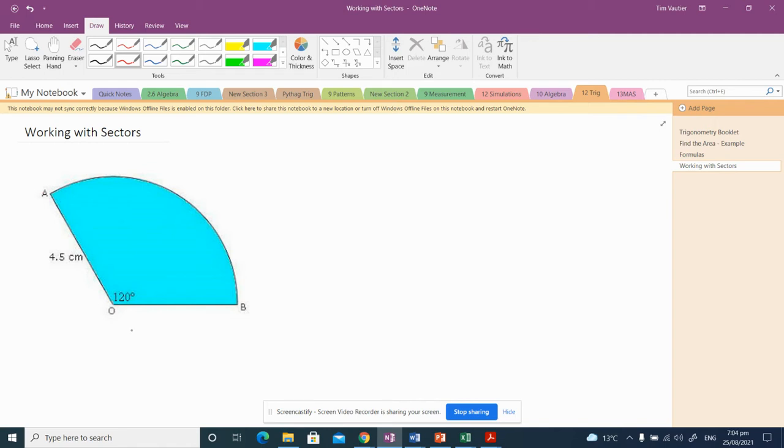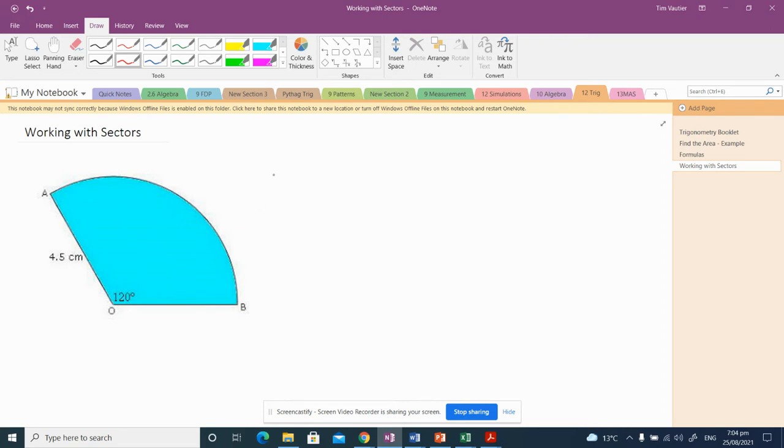Basically a sector is a piece that's been cut out of a full circle. So here we've got a 120 degree sector. For dealing with circles, we do have some rules that help us.